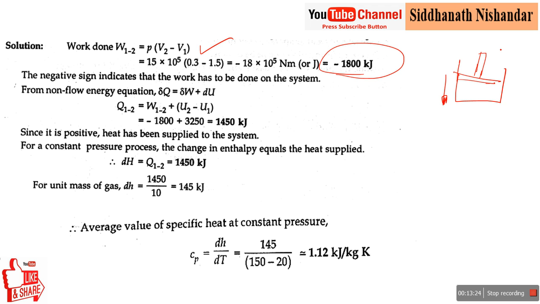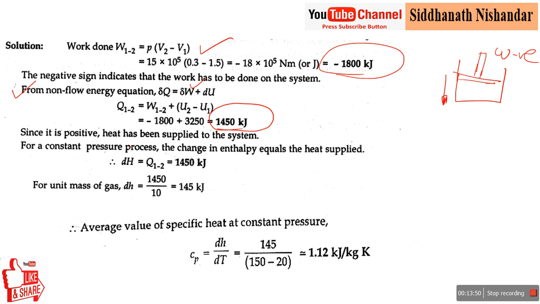So the answer is correct because the negative sign indicates work is done on the system. I also told you to calculate heat supplied. Work done is with us, and the change in internal energy increases, so heat supplied we can calculate as 1450 kilojoule.